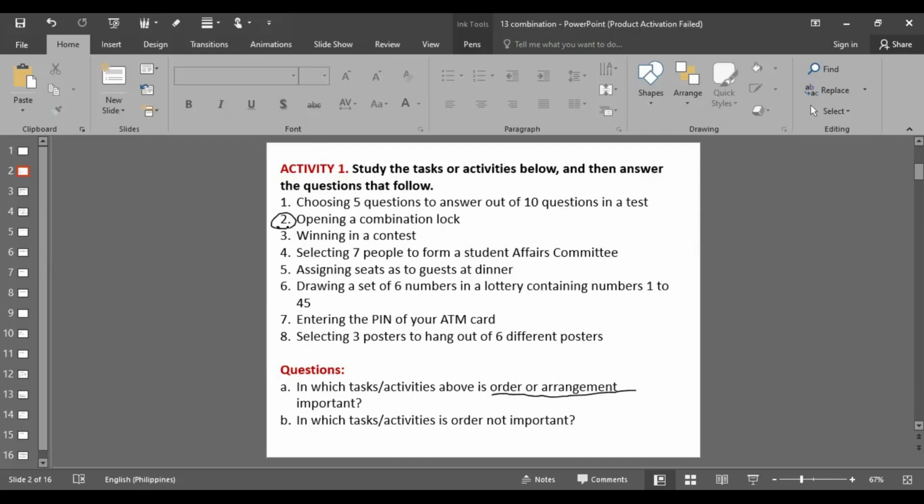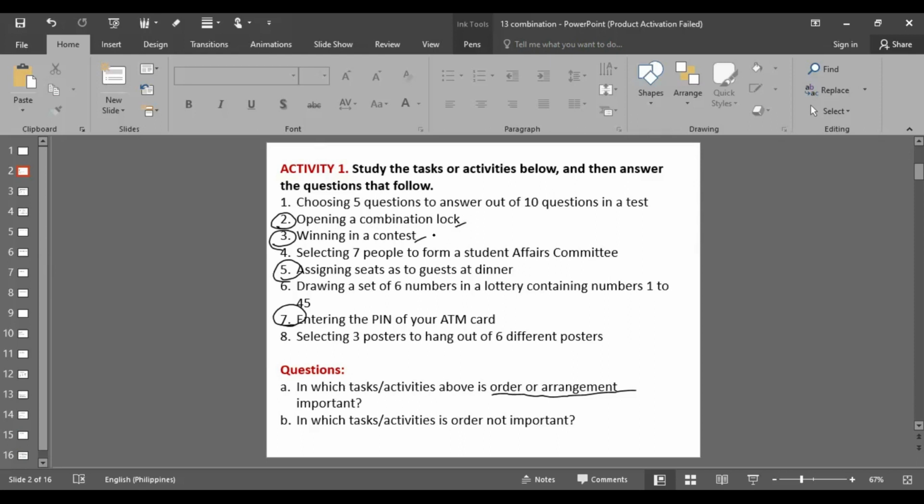For numbers 2, 3, 5, and 7, order or arrangement is important. And if you are to notice, those items illustrate permutations, right? If you are to open a lock, syempre kailangan yung order.